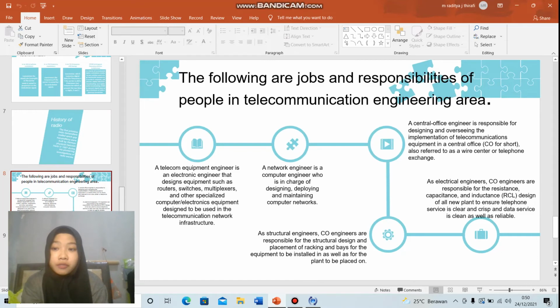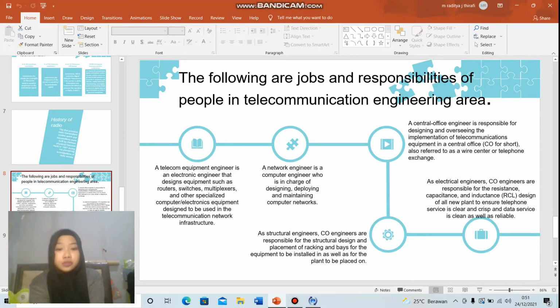Next are the jobs and other specialist computer or electronics equipment designed to be used in the telecommunication network infrastructure. A network engineer is a computer engineer who is in charge of designing, deploying, and maintaining computer networks.